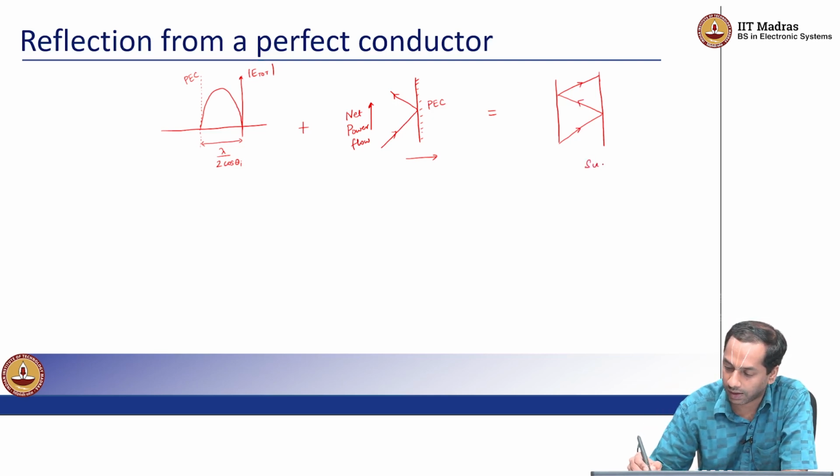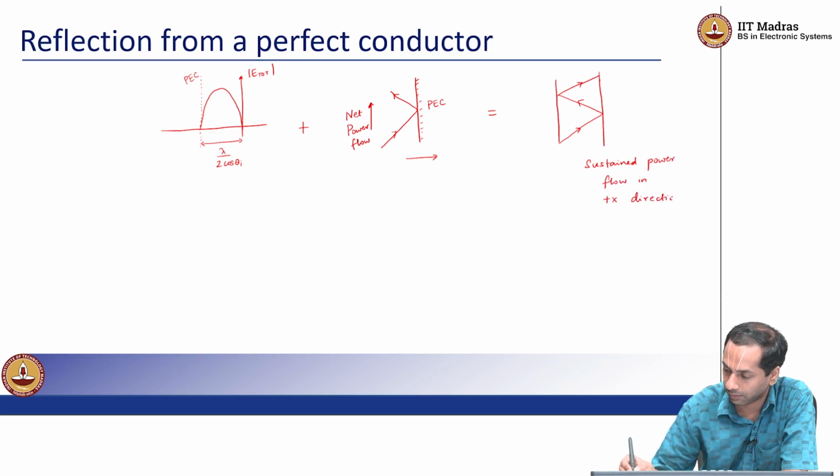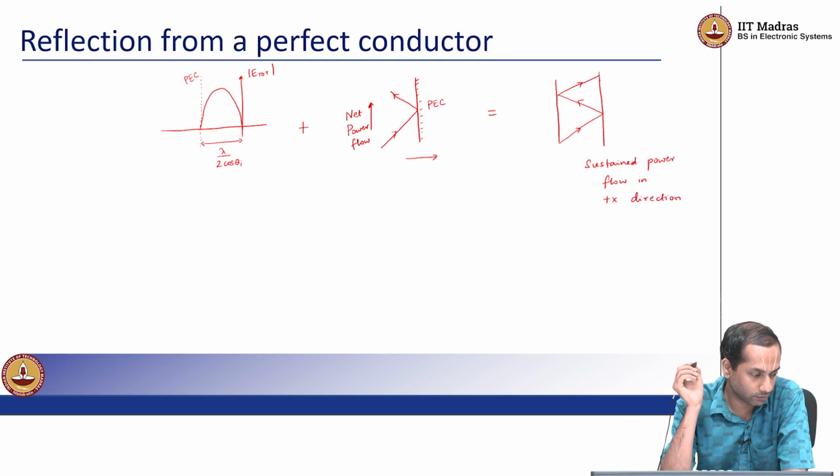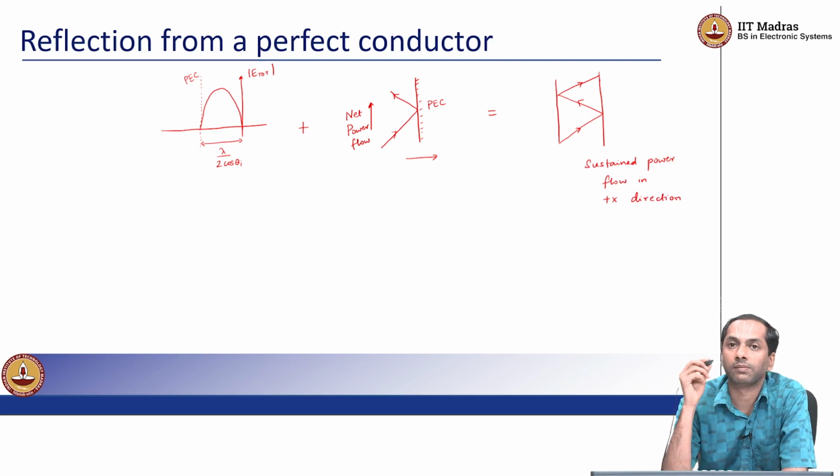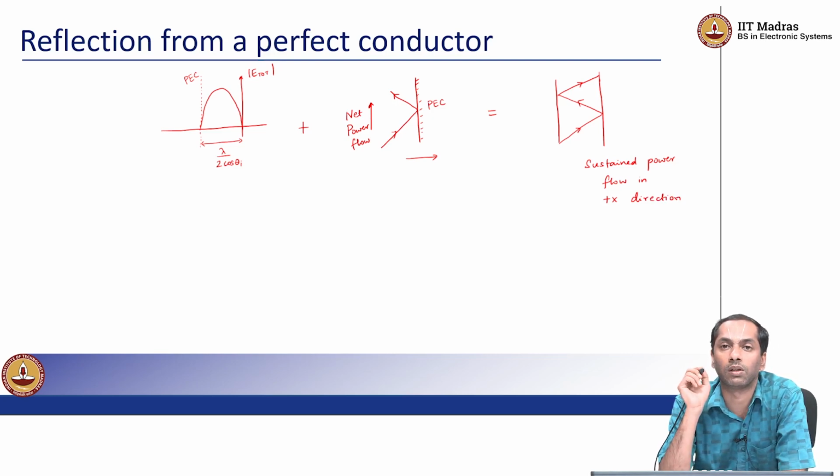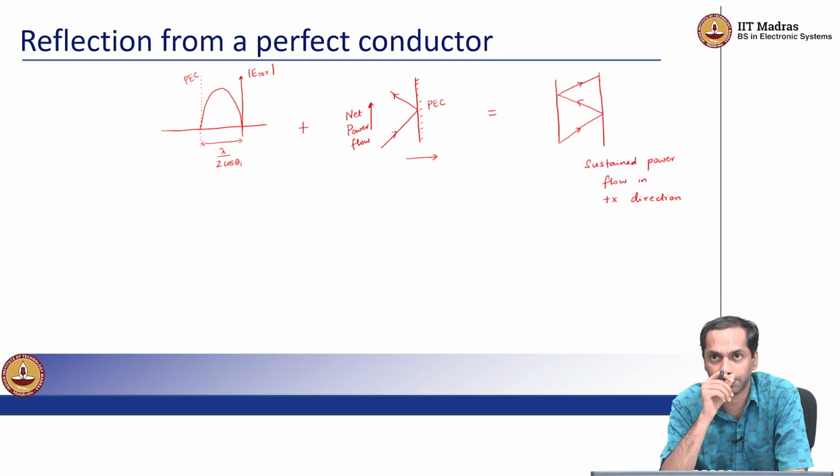So, I can have a sustained power flow in the positive x direction, right. So, this is what we call a waveguiding structure, right. So, it is sort of guiding the electromagnetic wave to move in the positive x direction, right.